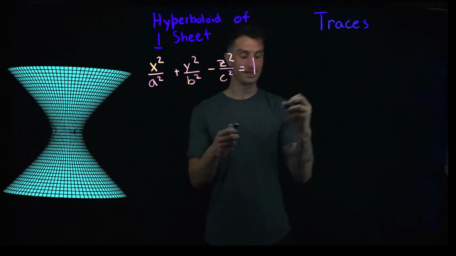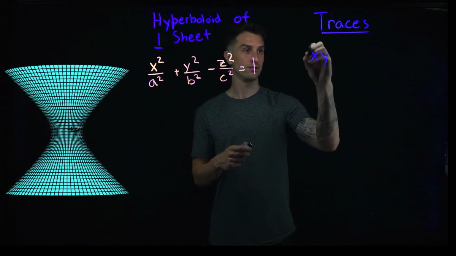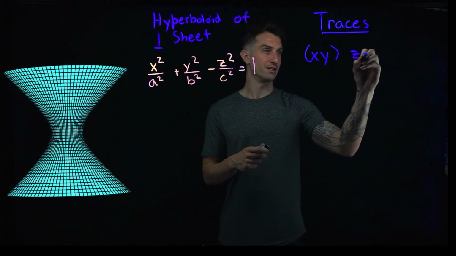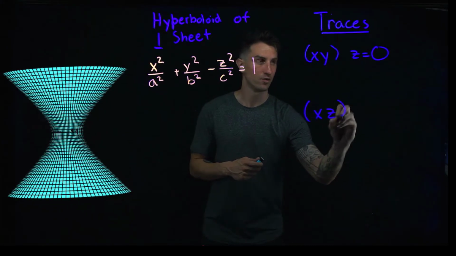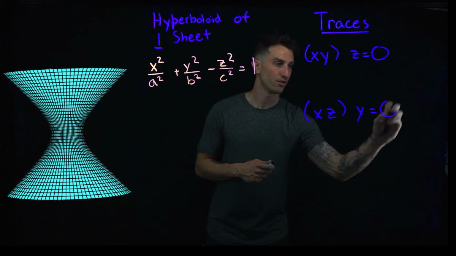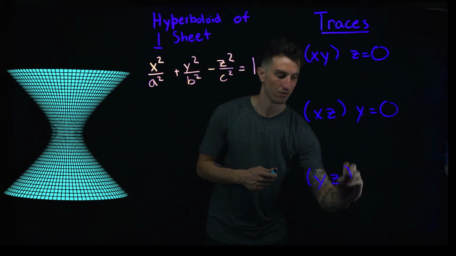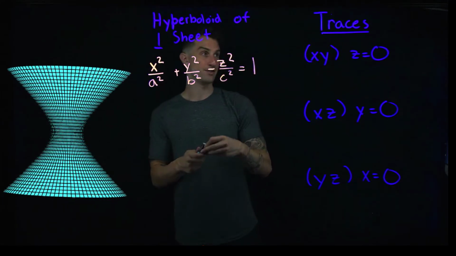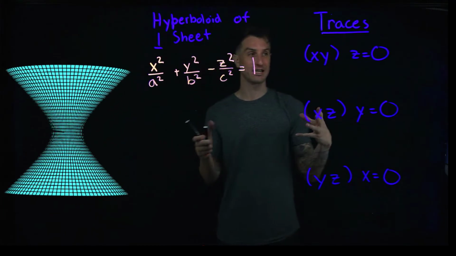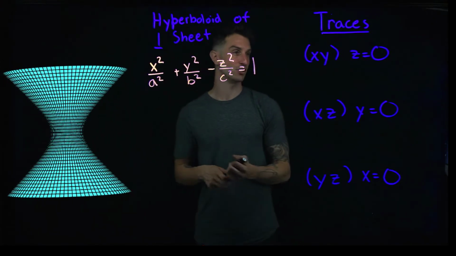And again, we're breaking this up into our 3 planes. We have our xy, which is when z is equal to 0. We have our xz, which is when y is equal to 0. And we also have our yz, when x is equal to 0. So let's see what happens in all 3 of these planes, and then we can put all those images together in our head and come up with our 3-dimensional image.